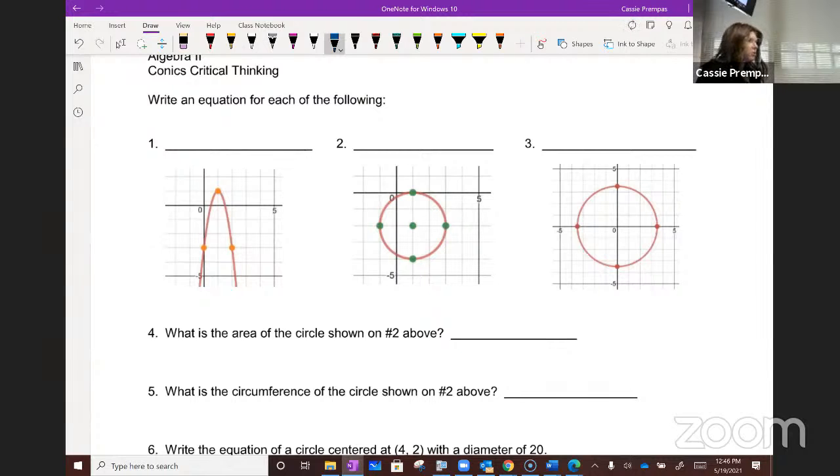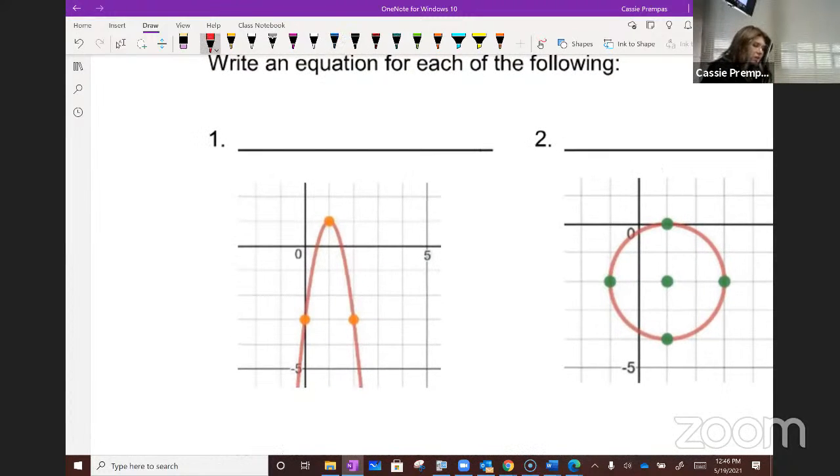Number one, what type of shape is that? It's a parabola. Parabolas are easiest graphed in vertex form, which is y equals a times, do you guys remember, something squared plus something. Do you remember what the k is on the outside? Good. x minus h.